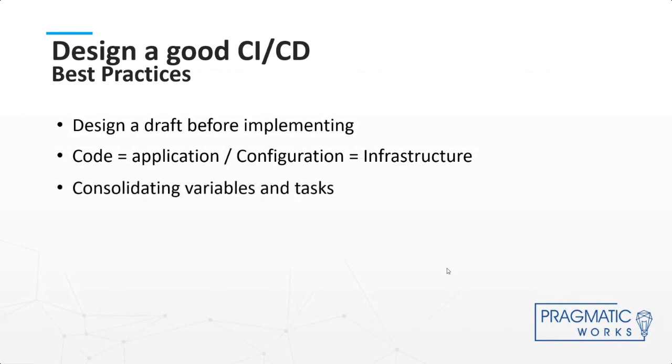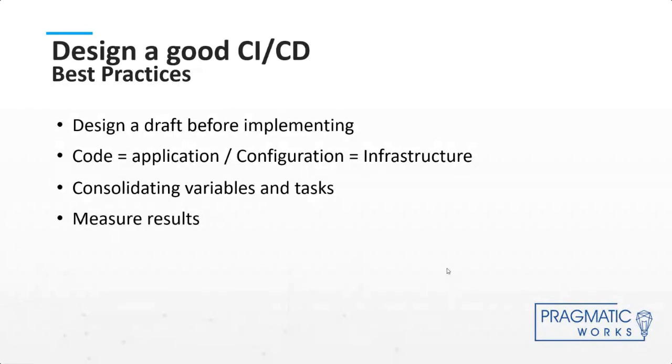You also need to consolidate variables and tasks. As I showed you, variables should be split across their scopes and can be attached in an easier way to any pipelines, and use task groups or some patterns and templates to consolidate your effort to maintain your pipelines.